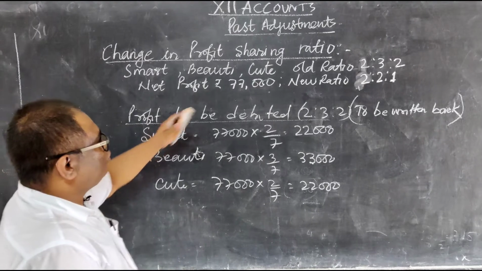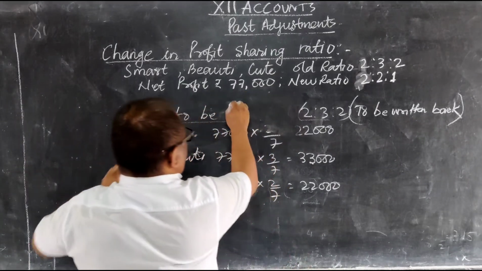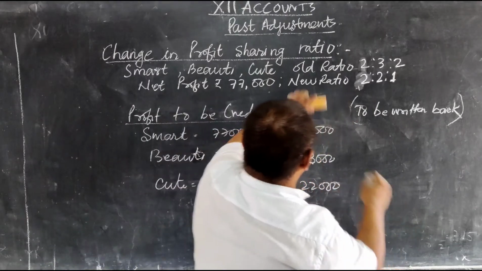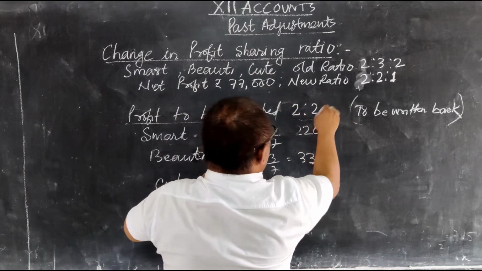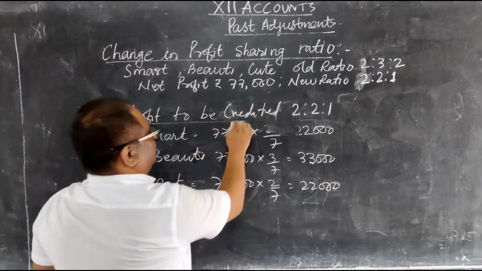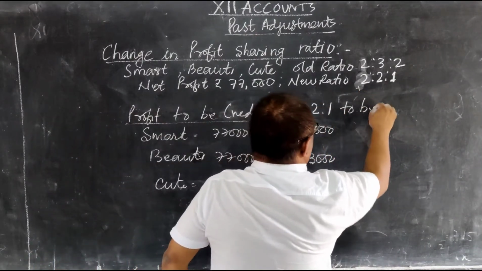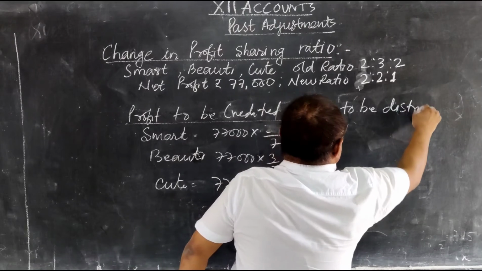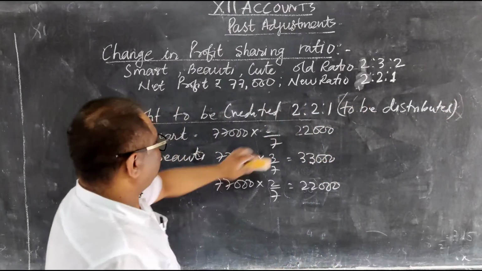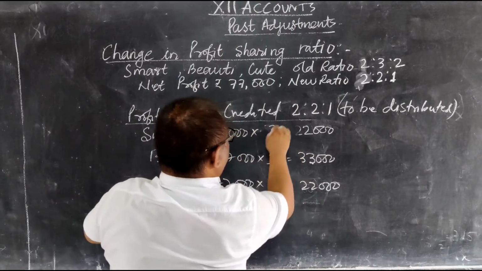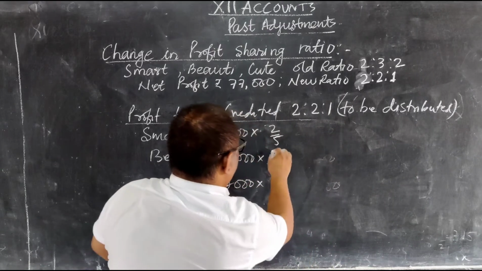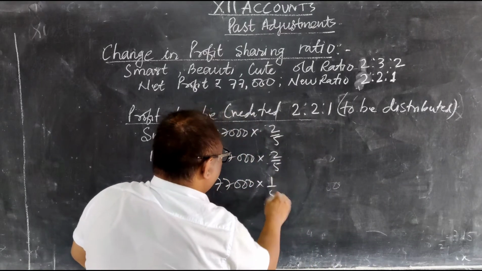Now let's say profit to be credited in the new ratio. What is the new ratio? New ratio is 2:2:1. To be credited, to be distributed to the partners. So 77,000 into 2/5, 77,000 into 2/5, 77,000 into 1/5.